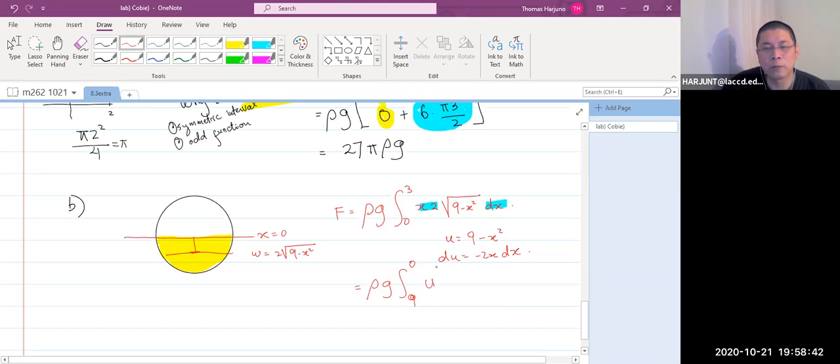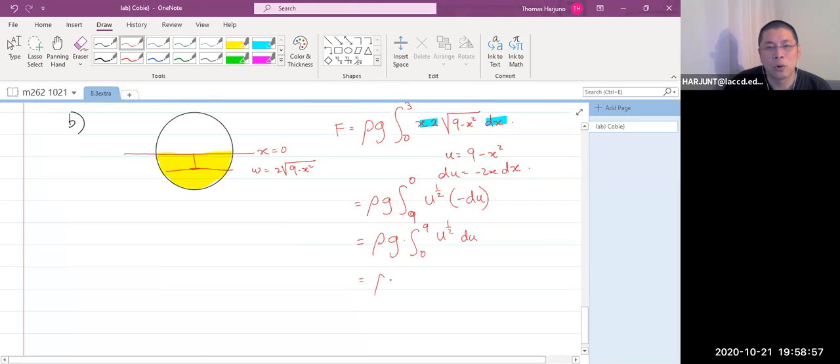So that's negative u to the power of 1/2. Reverse the limits of integration to get what I like to see. That's rho g times 2/3 u to the power of 3/2 from 0 to 9.